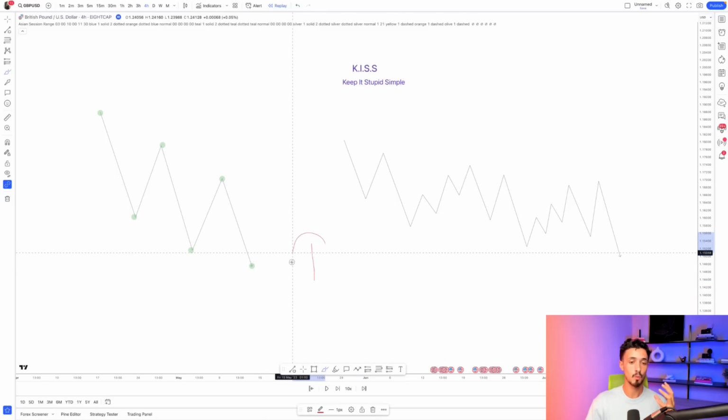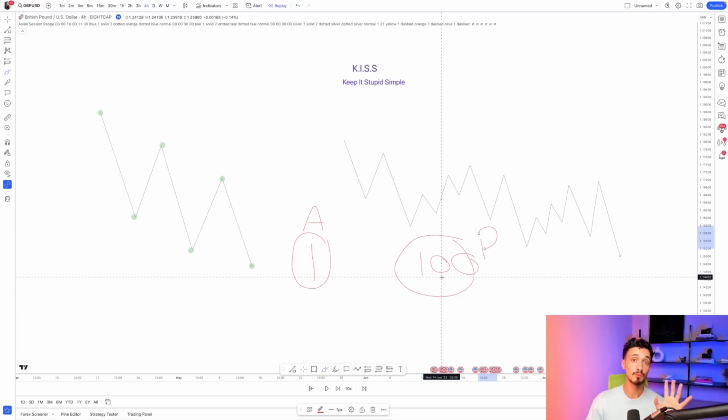Let's say you have one apple, right? So this is your apple right here. And let's say you have 100 people, and all of those 100 people want that one apple. So there's only one supply, but there's 100 demand. Now, whoever's going to get that one apple is going to be the person who's going to pay the most amount of money for it.